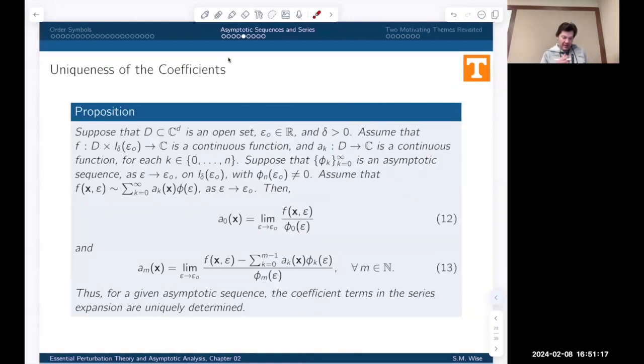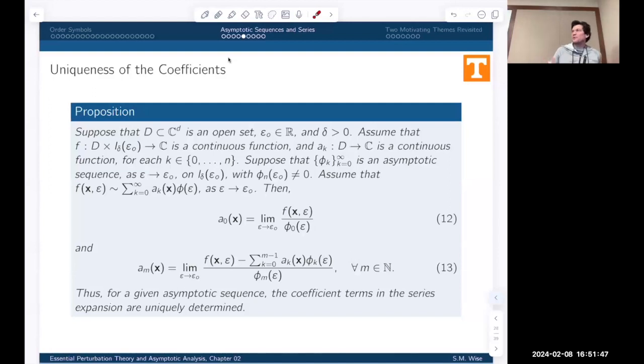Now, if you have an asymptotic expansion, even if that series doesn't converge and it might not play nice, at least we can say that if you have an asymptotic expansion given a certain asymptotic sequence, these are also called gauge functions. There's another term for them as well: gauge functions and maybe well-ordered sequence, an ordered sequence.